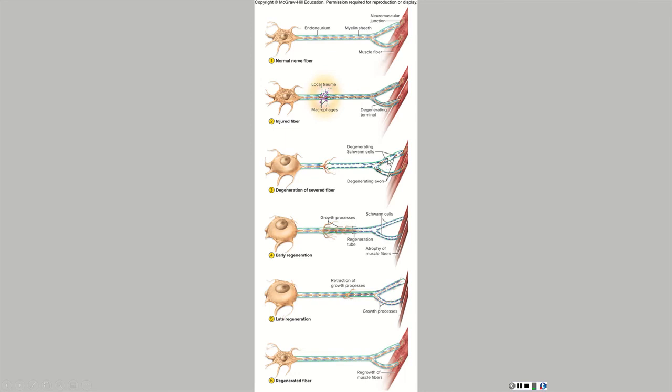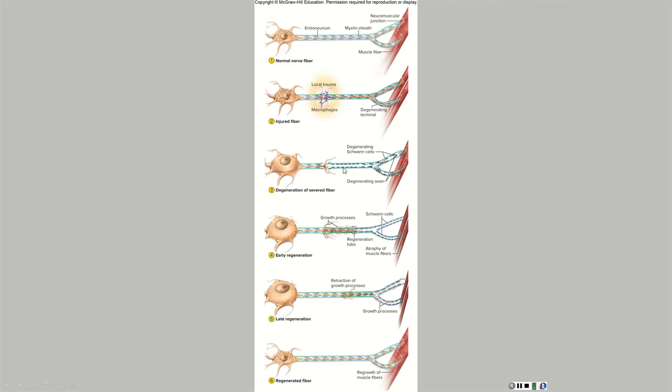Now, the Schwann cells that are in this part where the axon degenerated are also going to begin to degenerate. But they reform pretty quickly. Schwann cells can go through mitosis, and all of them don't die. So they're going to restructure themselves, and they're going to form something called a regeneration tube.